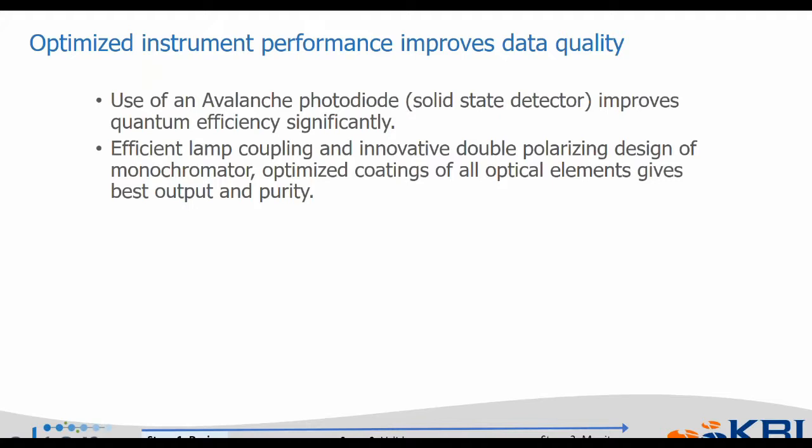The Chirascan Q100 uses an avalanche photodiode, a solid state detector, to improve the quantum efficiency significantly. And secondly, efficient lamp coupling and the double polarizing design of the monochromator gives the best output and purity, we feel. I've compared a number of different CD instruments and find that the instrumentation features in the Chirascan Q100 do outperform other instruments on the market.